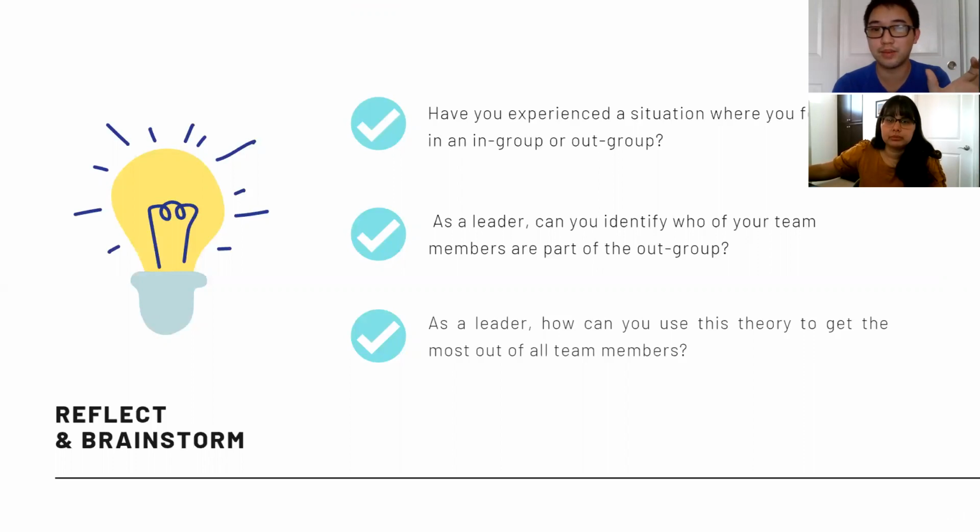So a lot of the time it forces you to get out of your shell if you feel it's important to break into that in-group, because it does give you a lot more opportunities. And it doesn't necessarily mean that you have to change your personality overall. It's just that you have to find that defining factor that you can connect with the people you're working with.